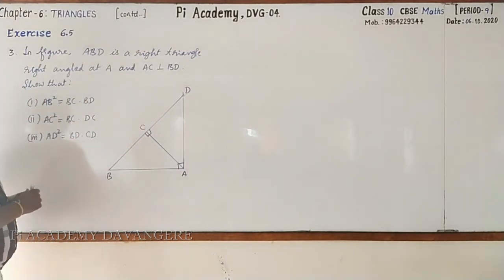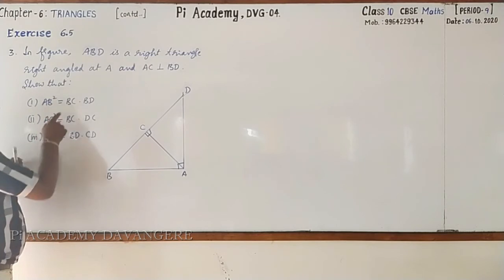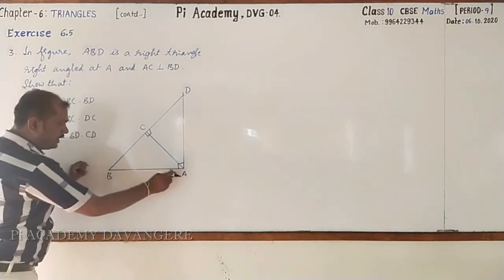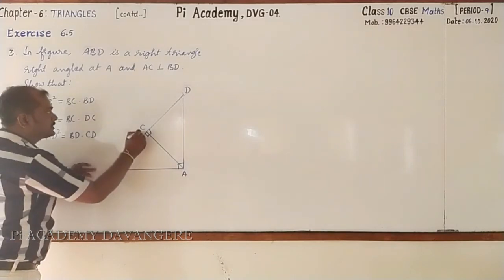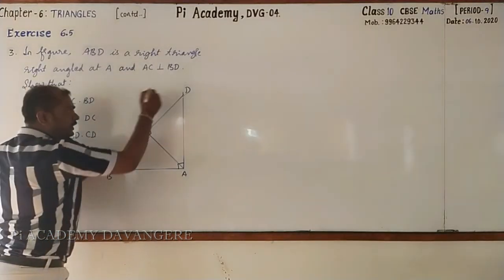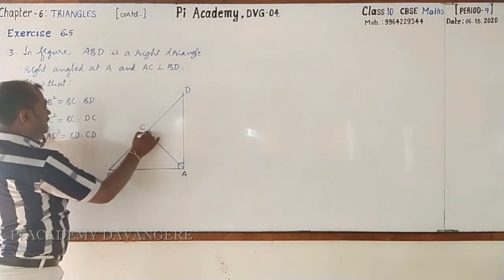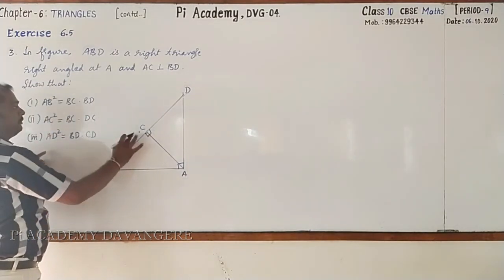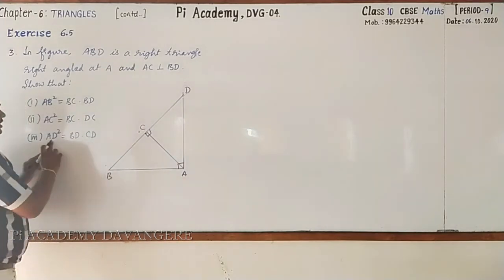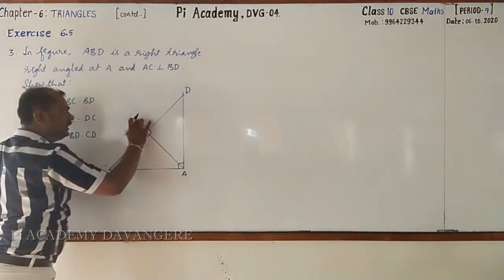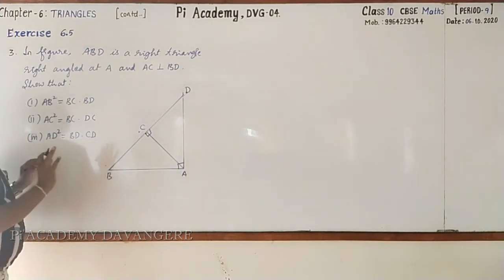With this information, you have to prove AB square equal to BC into BD. Next, AC square equal to BC into DC. And AD square is equal to CD into DB.